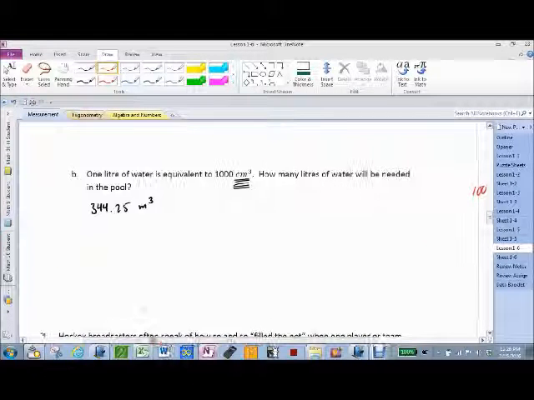So, I have 344.25 meters, and what do I want? I want centimeters, right? So we know that 1 meter cubed equals 1,000,000 centimeters cubed, right?